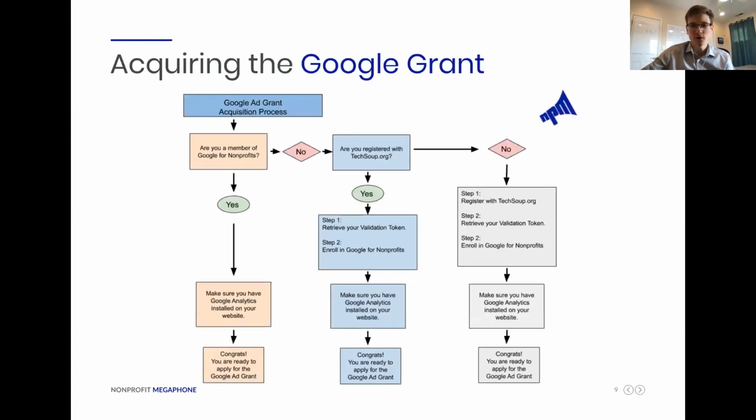So that's how it works. This is how you go about acquiring the Google grant. And I believe the slides will be distributed, so don't feel like you have to write all this down, but it is essentially a 3-step process. It's a little bit complicated, but it's not overwhelming. And the nice thing about the Google grant is that anyone who applies correctly and is actually eligible will receive the grant.